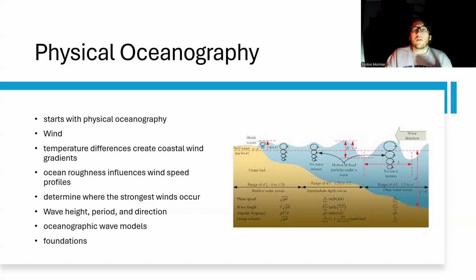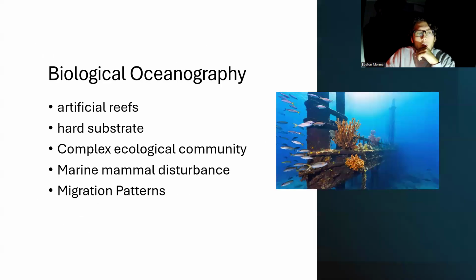The whole process of building these starts with understanding the wave height, the period, the direction, what's going on. All of these different aspects help create an environment where you're able to build these wind turbines.